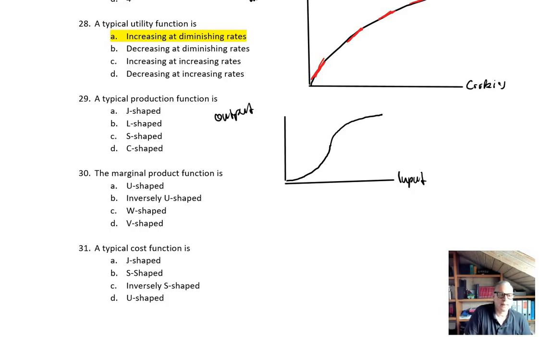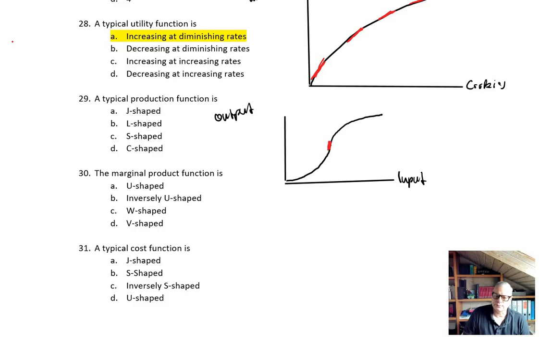So that means initially you have something which we call economies of scale or specialization gains. You know, it's better to have 2 people in the kitchen and even better to have 3. But once you have like 10, 11, 12 people in your kitchen, it becomes more and more difficult to produce more and more.